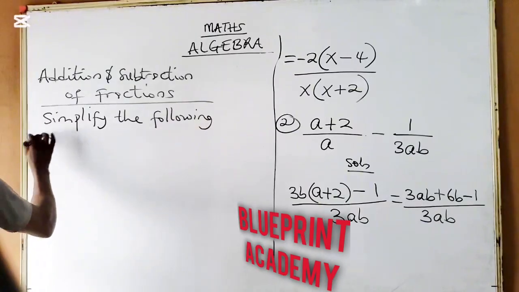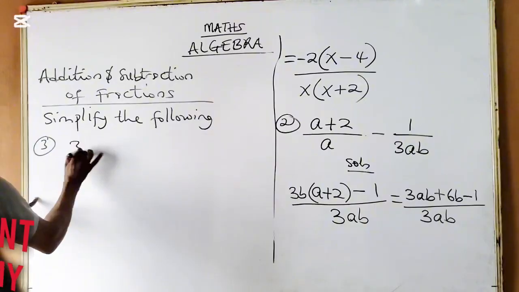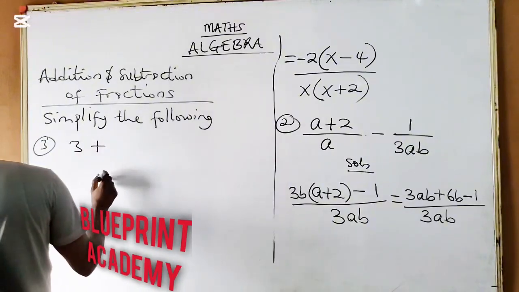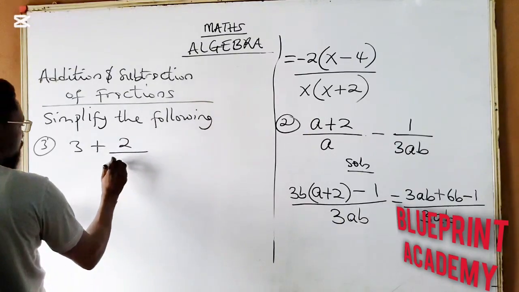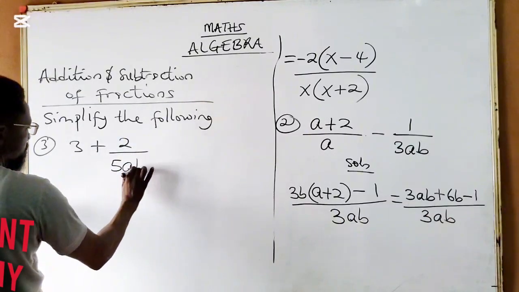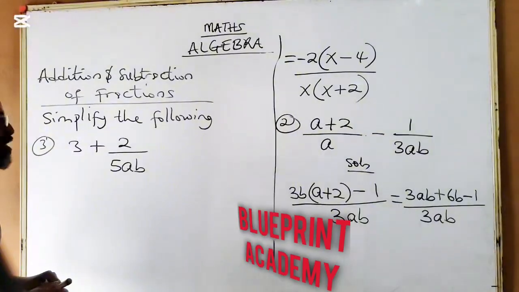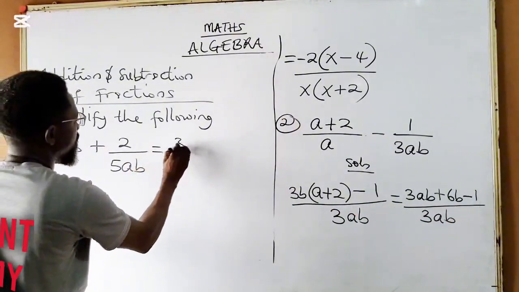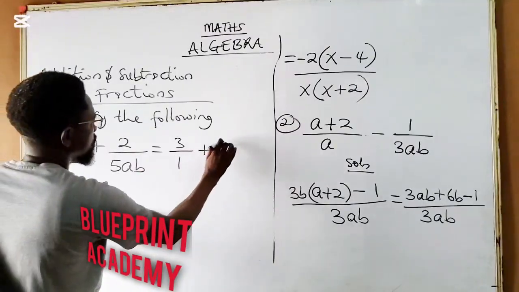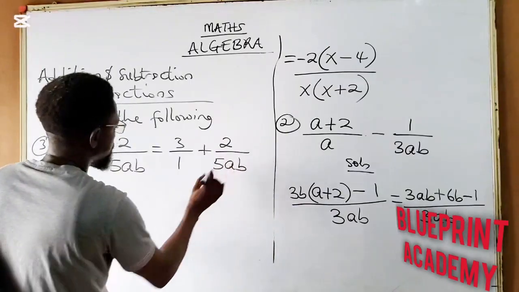Number 3, we have 3 plus 2 over 5ab. If you have something like this, for you to carry out this addition, you know that this is the same thing as writing 3 over 1 plus 2 over 5ab.